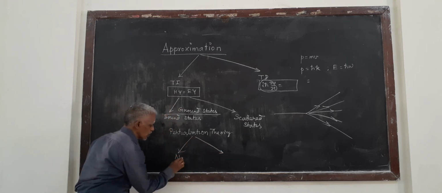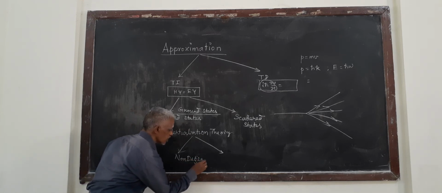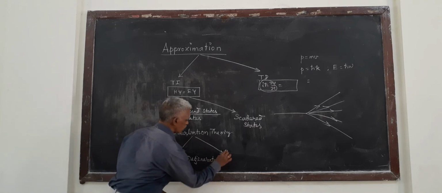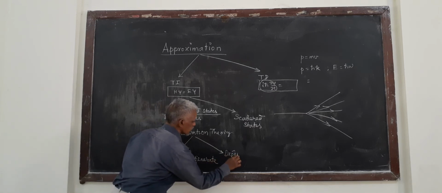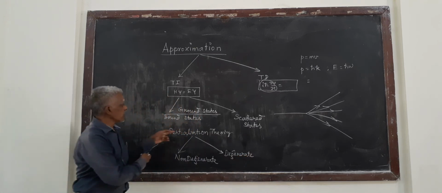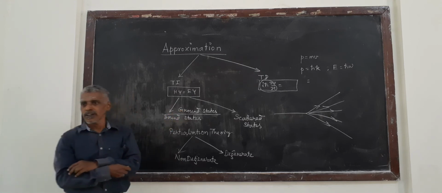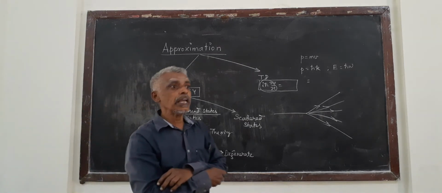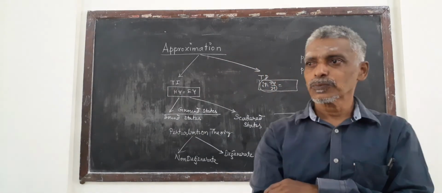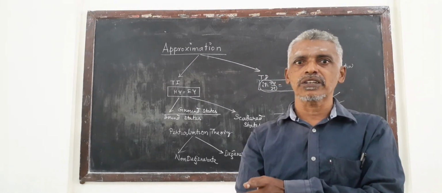Yes, good, the non-degenerate case. And here it is the degenerate case. As I said, for each and everything I have to give you examples. So now we have two things, the non-degenerate case and the degenerate case.